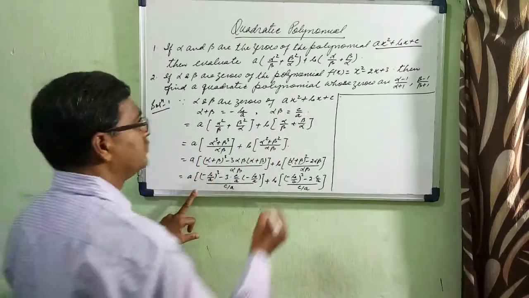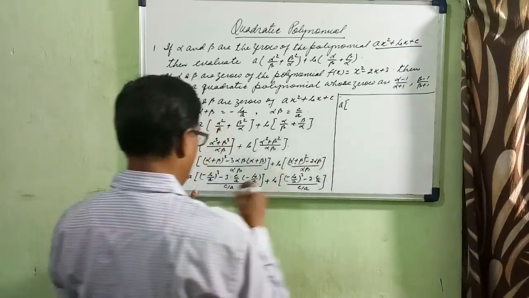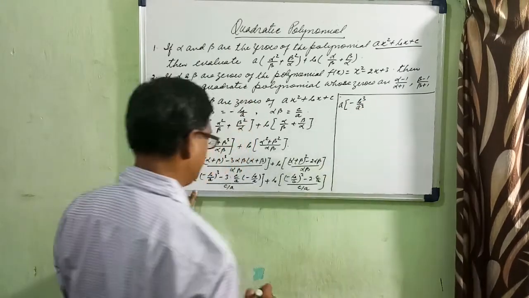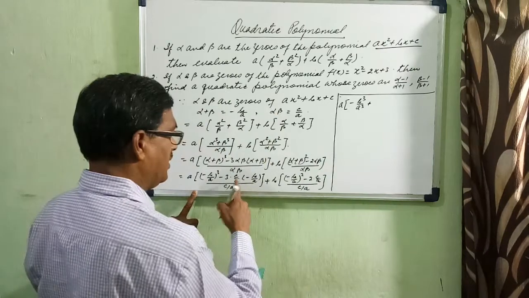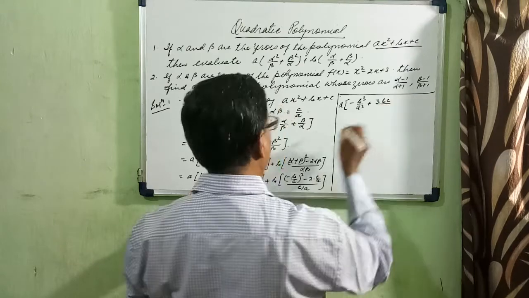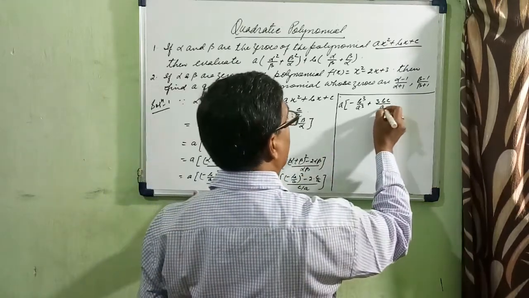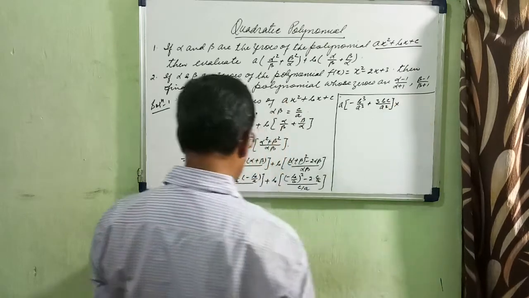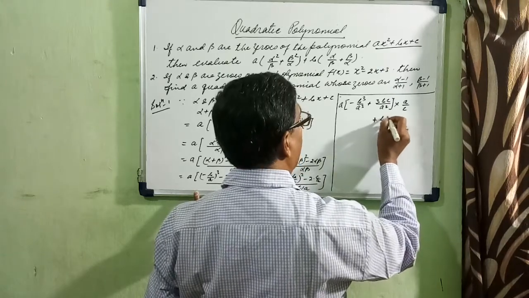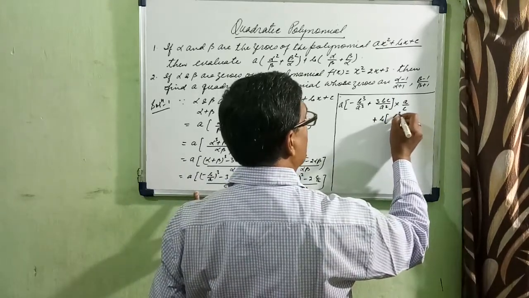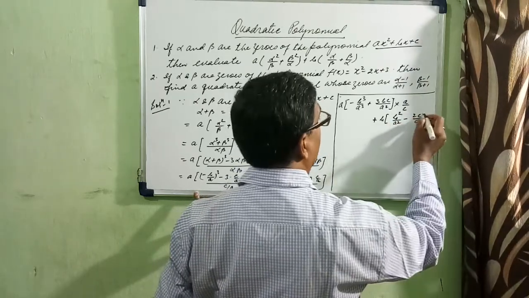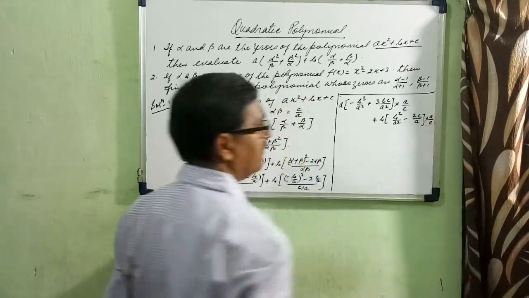Now let us solve. a into this will be minus b cube by a cube plus 3bc by a square, into a by c, plus b into b square by a square minus 2c by a, into a by c.